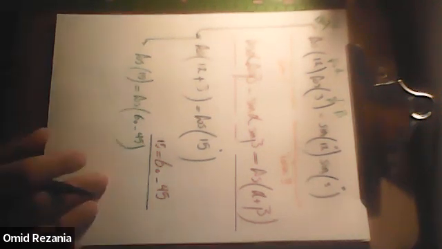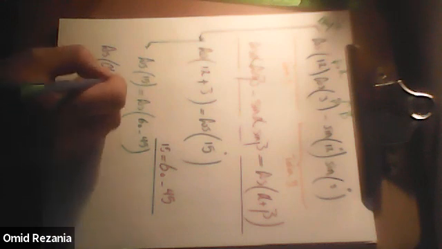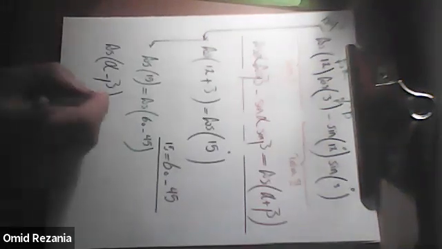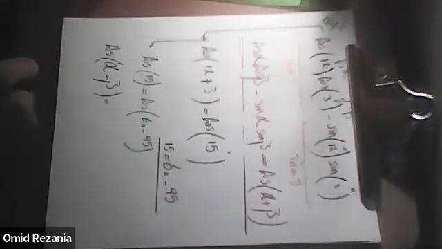I'm just going to introduce you to another identity, which we're going to have the proof of on Monday when we are fresh. Here, I'm just going to write this identity. We said that the cosine of alpha minus beta. Previously, on master equation number 2, we had the cosine of the sum of those angles. And now I have the cosine of a difference of those angles, which follows the same pattern.